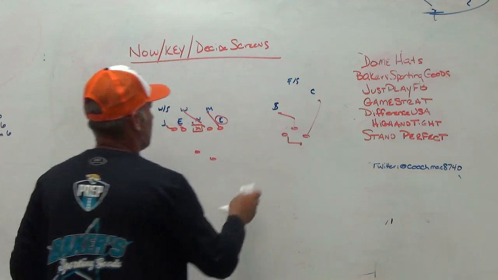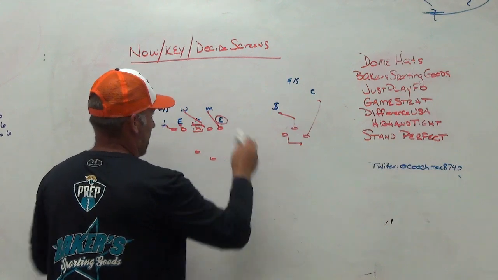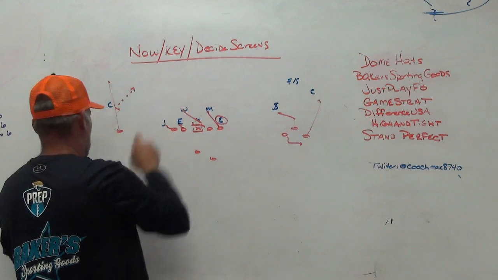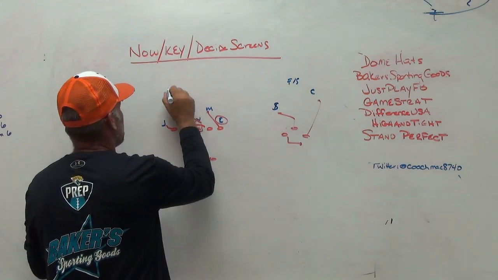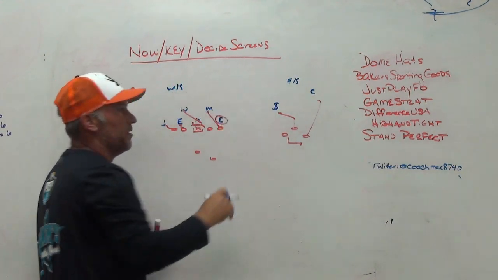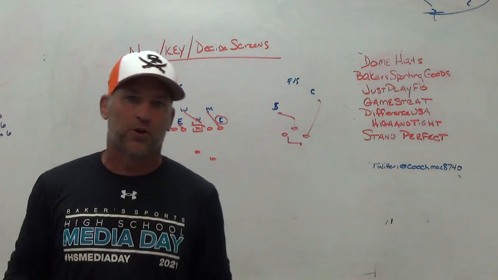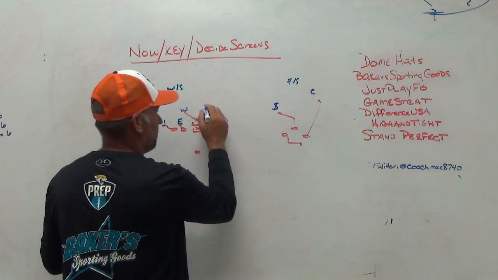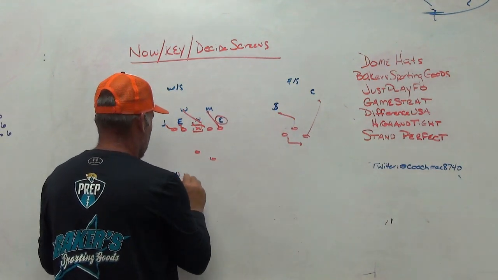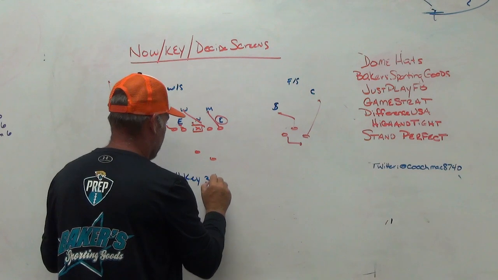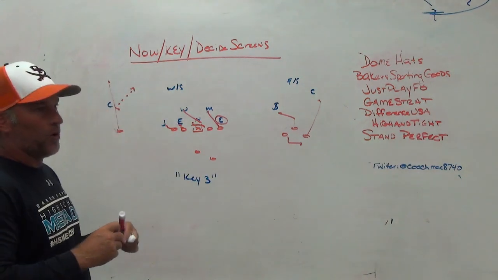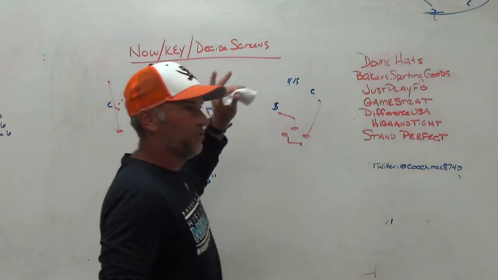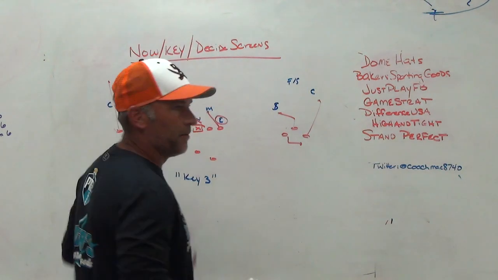Okay? Now, key screens, and I'll draw it out of the same look. Key screens would be something that is remotely different than that. A key screen for us now makes it triple option for the quarterback. Okay? So if we ran the same inside zone play, but we called it key 3, not decide 3, that now tells the quarterback, all right, he still has a pre-snap gift or an access throw, okay, on one side.